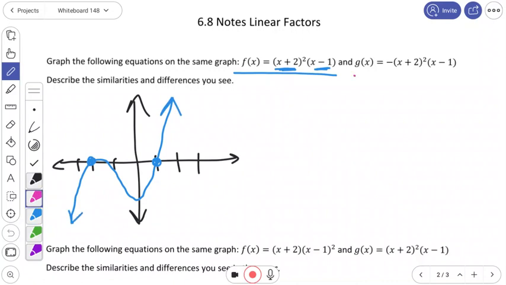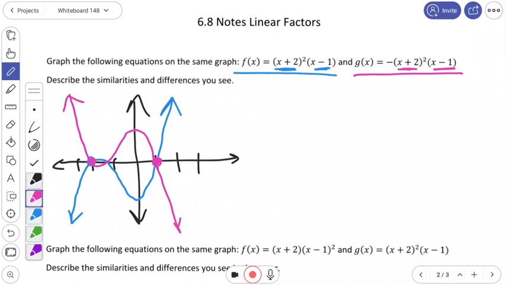And then our second function, g of x, also has x-intercepts at -2 and +1. I said that backwards, I'm sorry. But it looks a little bit different. It looks something like this.